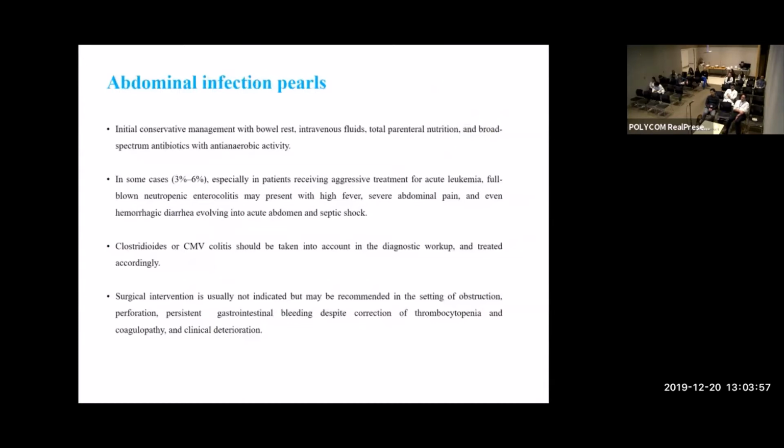Some even go as far as cases like severe typhlitis or neutropenic enterocolitis. These patients may need TPN for long periods of time until they recover from these conditions, and obviously broad-spectrum antibiotics with anaerobic activity.